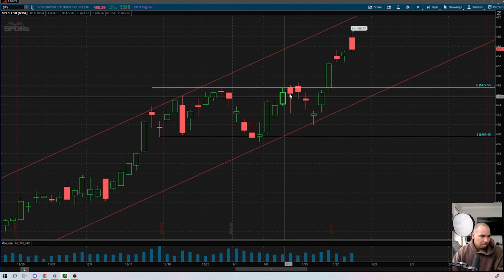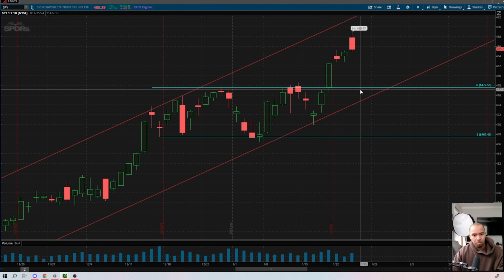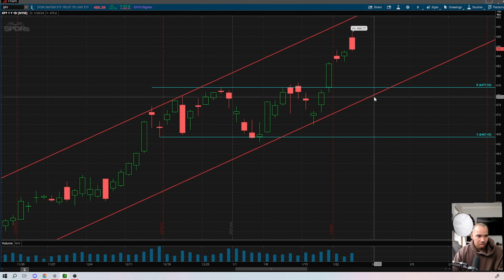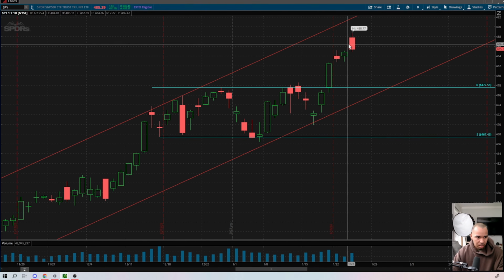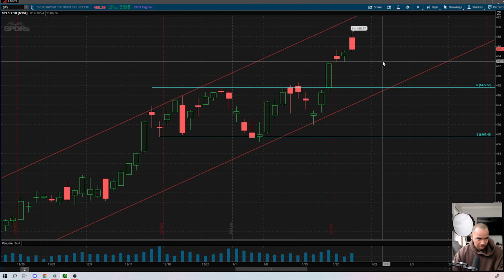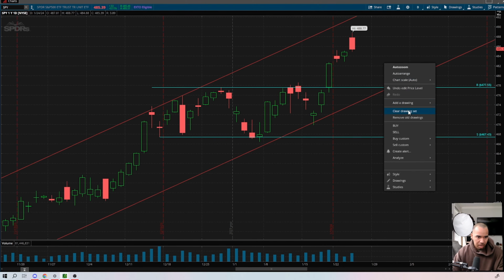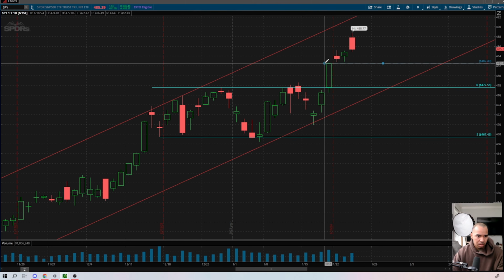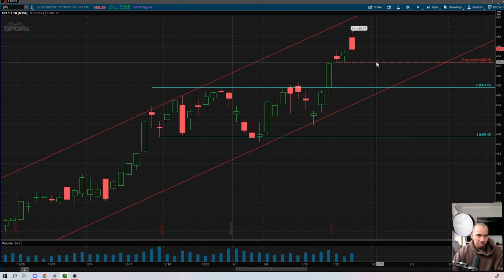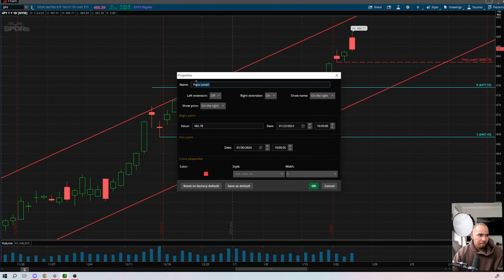So this will be my previous support and resistance lines here. Now, understand we are pretty overextended here. We are at all-time highs, but my next level will be right here. All right. That'll be my next level, and I will have that as a new support.